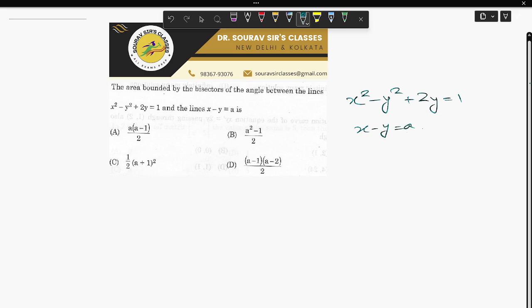So now we are going to rewrite the equation in the standard form. We rearrange it: x square minus y square plus 2y minus 1 equals 0.